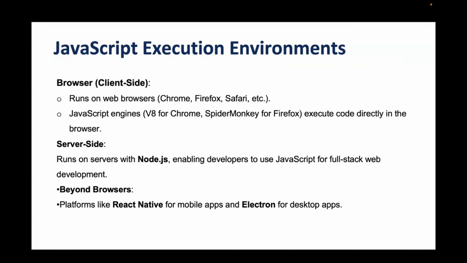Now, let us see the JavaScript execution environments. As we've been looking at it in detail, we've seen that it can run on a browser, what we call the client side, which is the opposite of the server side. On the browser side, these are like Chrome and Firefox, to mention a few, as we already explained. And how is JavaScript able to run in browsers?